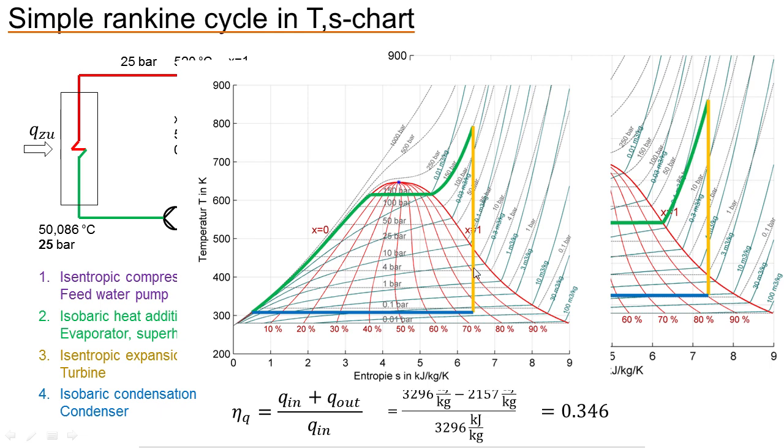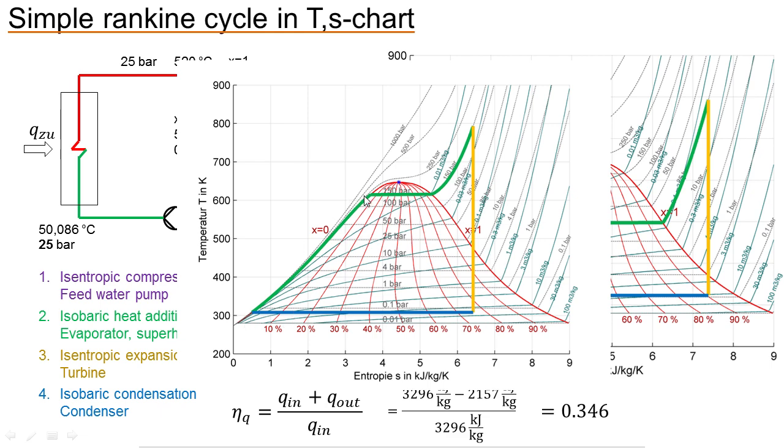And here your turbine is not able to handle saturated steam with 75% steam. This means 25% water, and 25% water like this here will destroy your turbine. It is not possible to do the process like this. That's why you won't find a diagram like this in a real power plant.